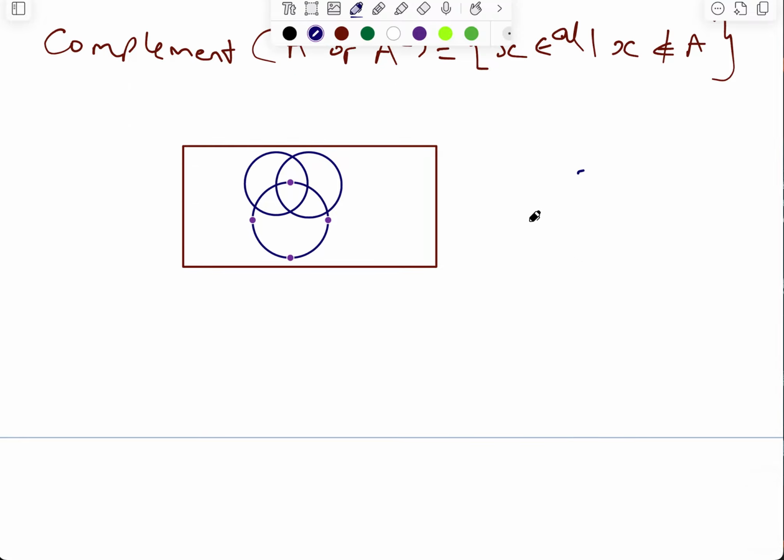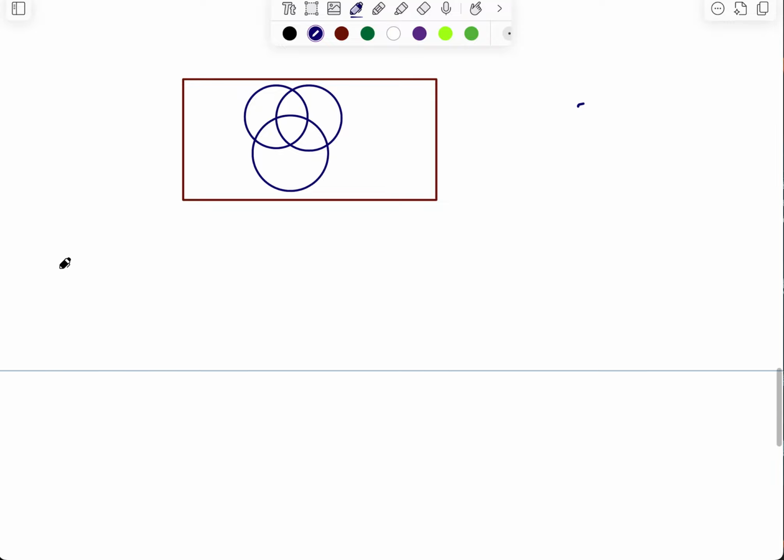I can have this as a Venn diagram. I wanted to draw a trapezium anyway. So I can represent my universal set like this. This is not bad.